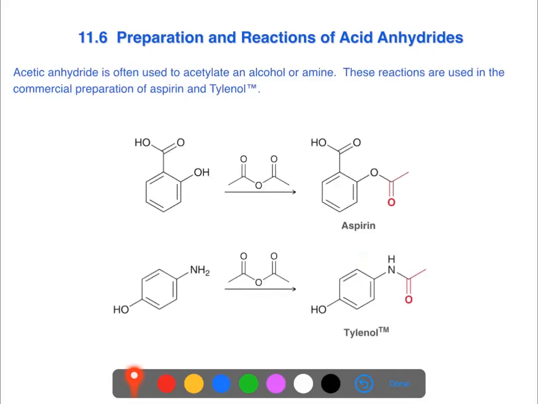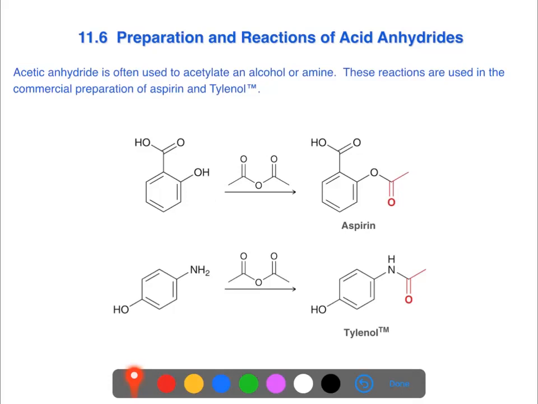Now, one interesting example of acid anhydrides is the use of acetic anhydride. Acetic anhydride is used to acetylate the precursor to aspirin and Tylenol. So in this reaction, it's the alcohol functional group that's reacting with acetic anhydride to give you this acetylated version, which is our target molecule, aspirin.